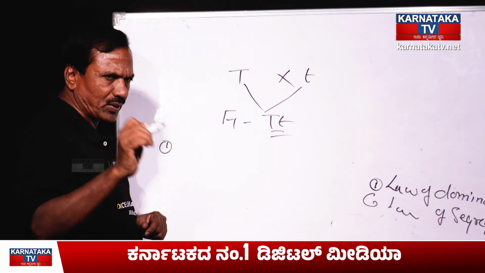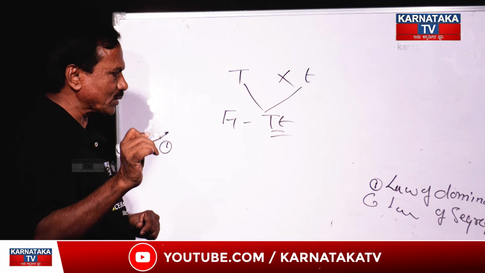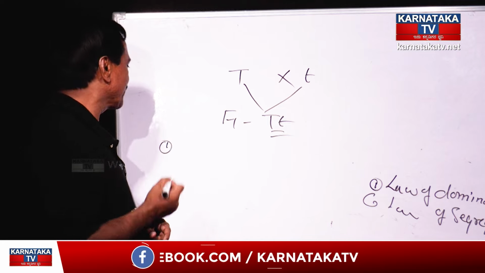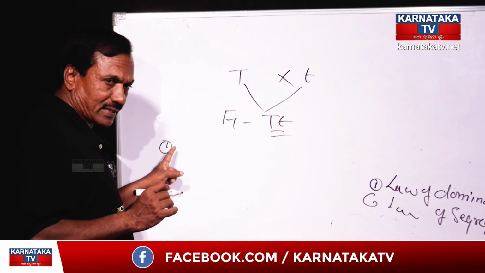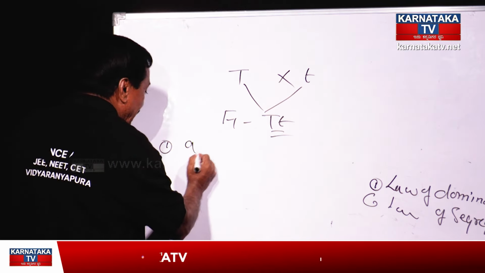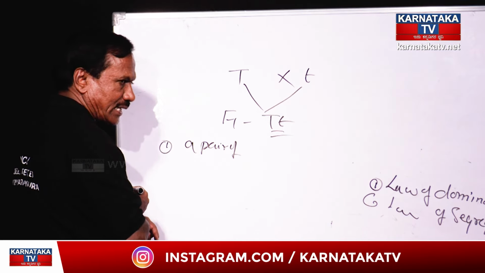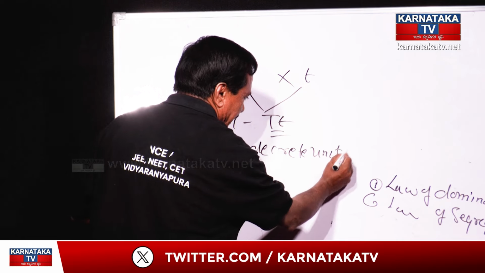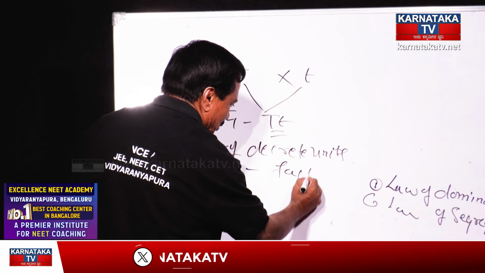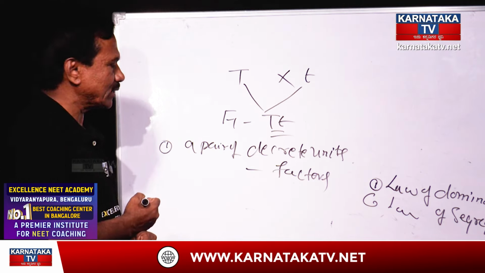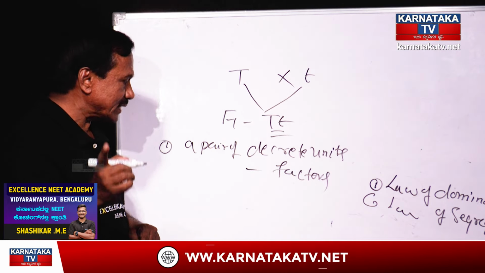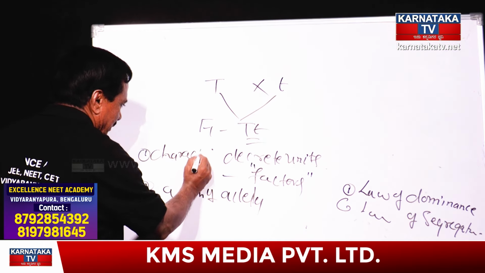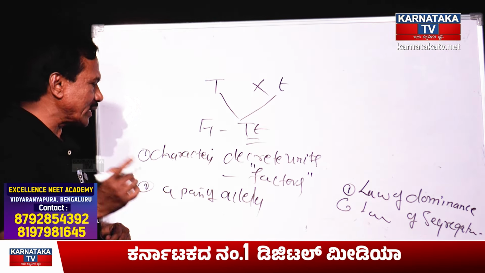The first point, what you have to write according to NCERT, according to the law of dominance or according to Mendel: number 1, each character is carried over by a pair of discrete units called factors according to Mendel. This is the first point discovered by Mendel.